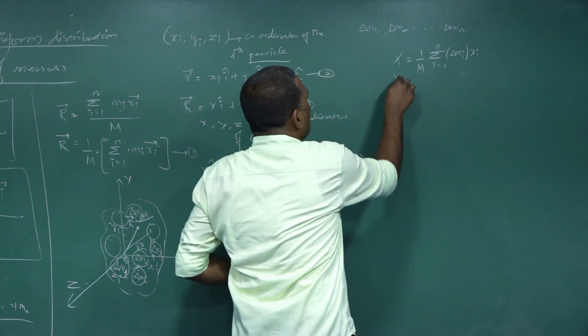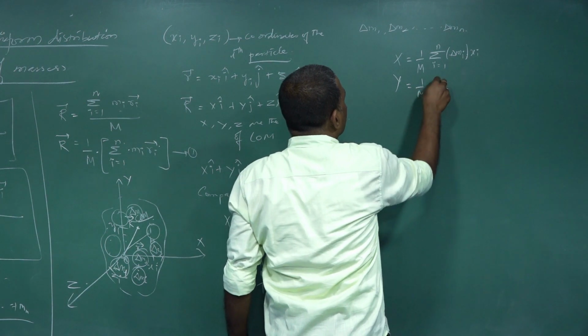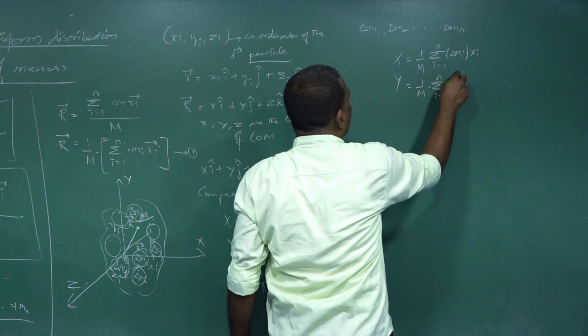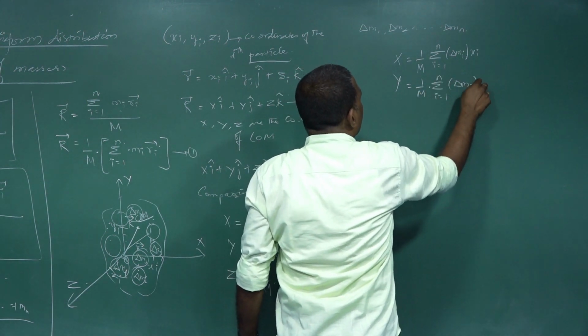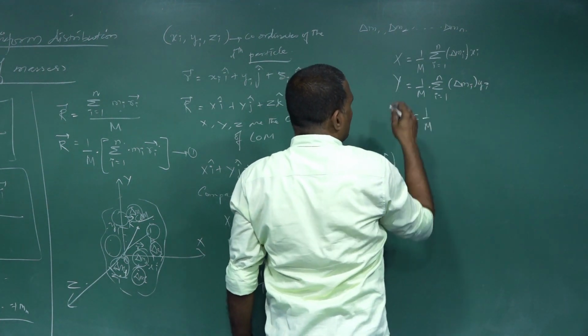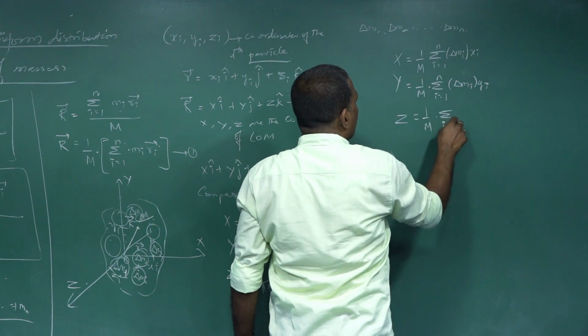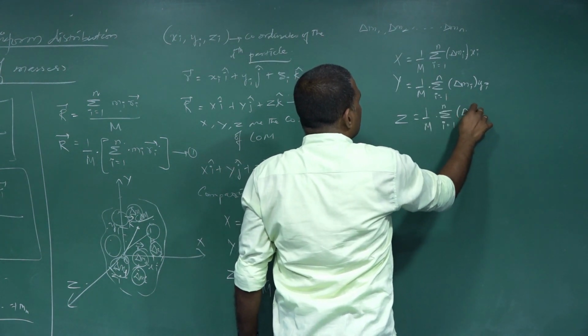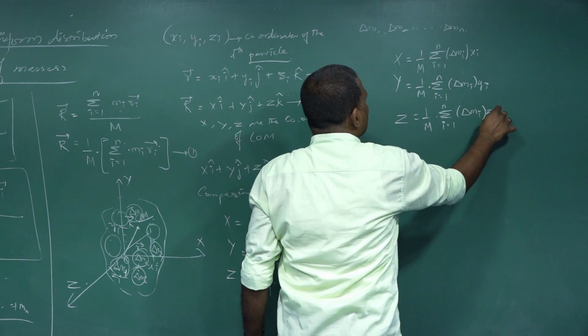In the same way, the y coordinate is 1 by M into sum over i equals 1 to n delta m_i into y_i. And then the z coordinate is Z equals 1 by M sum over i equals 1 to n delta m_i into z_i.